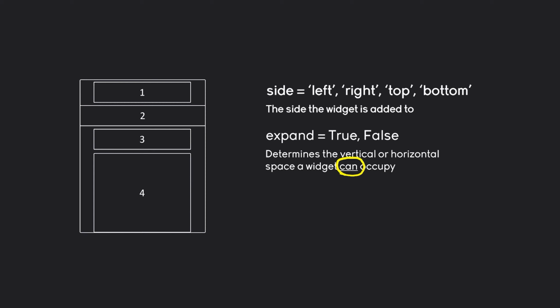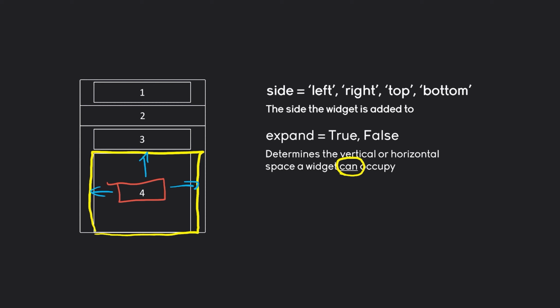Fundamentally, what you have to understand is that in tkinter, we have a disconnect between the space a widget can occupy. For example, this widget 4 here could theoretically occupy this entire space, but the widget itself might only occupy this area here. We have to specifically tell the widget to actually occupy all of this additional space here. It doesn't do it automatically.